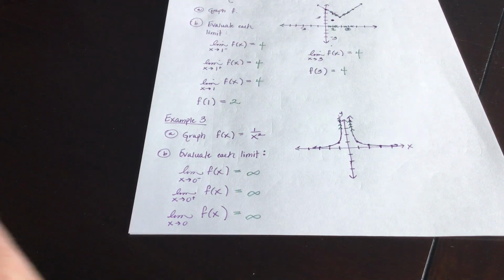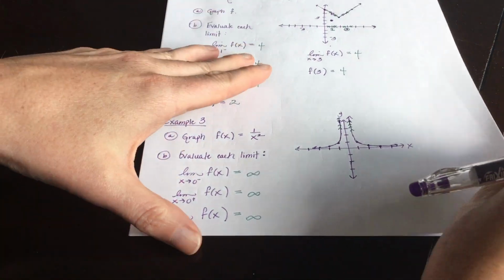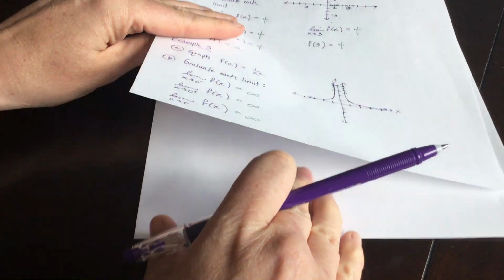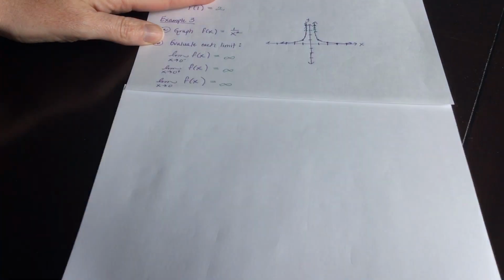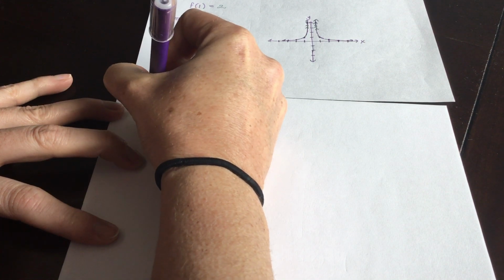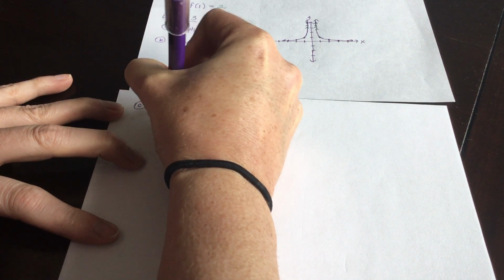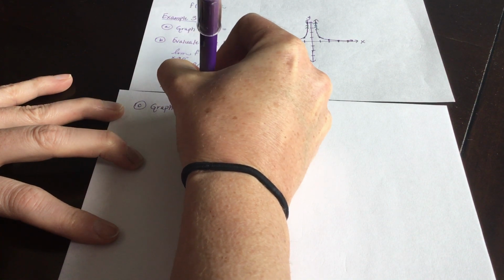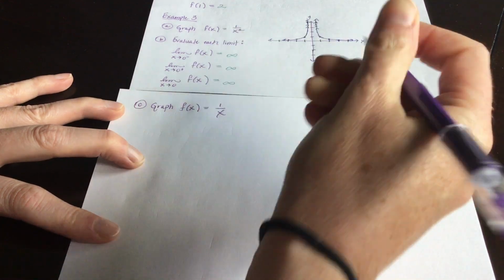Okay, same example, part C. Let's have you graph f of x equaling 1 over x.